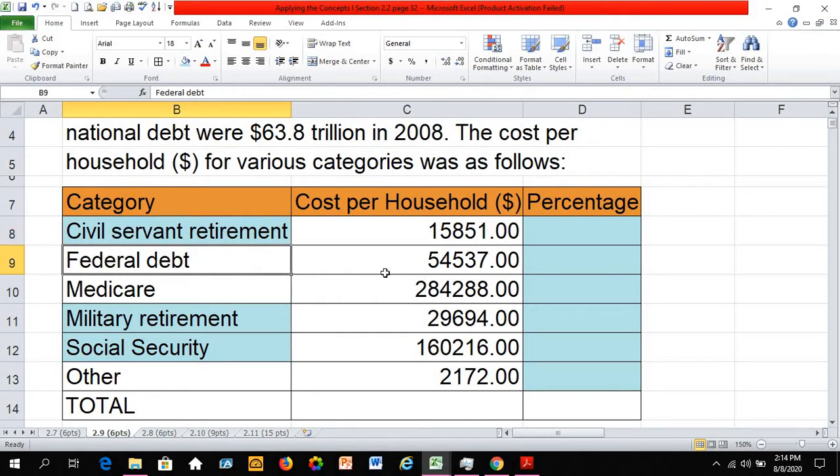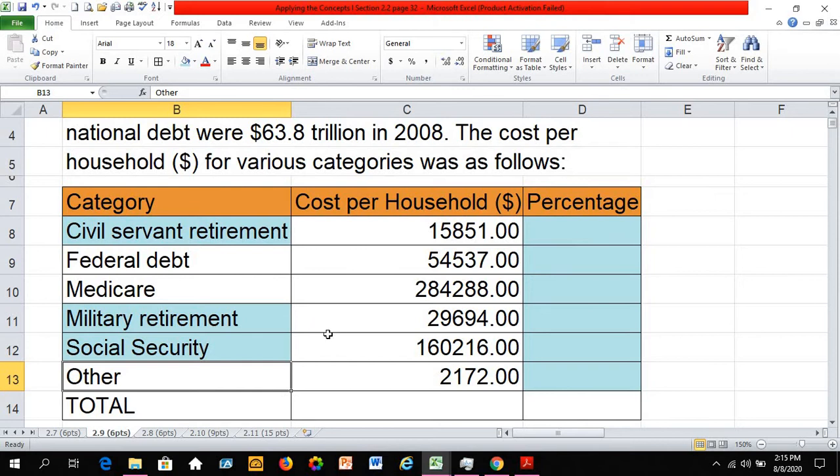Federal debt is more than 54,000 US dollars. Medicare is more than $284,000. Military retirement is more than 29,000, or almost 30,000 US dollars, and Social Security is 160,216 US dollars. The others is 2,172.